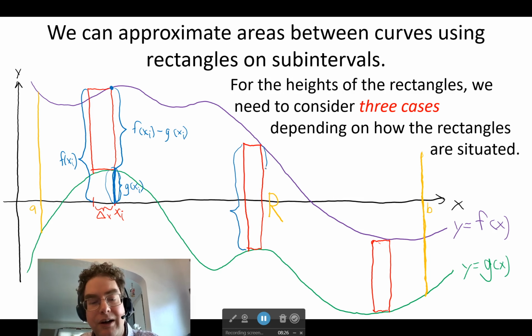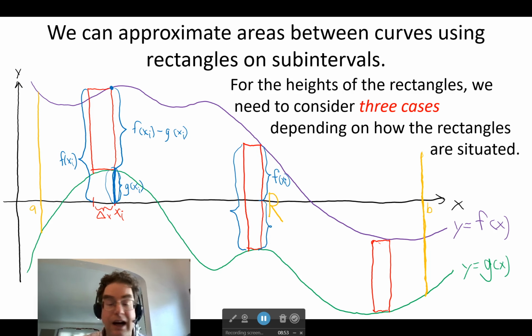So we have our height from the x-axis up to the purple curve here, and like we discussed before, that is going to be f of xi. Okay, now we also need to include in here the height of the portion of the rectangle that is below the x-axis. Okay, and that is going from the x-axis down to the graph of g.